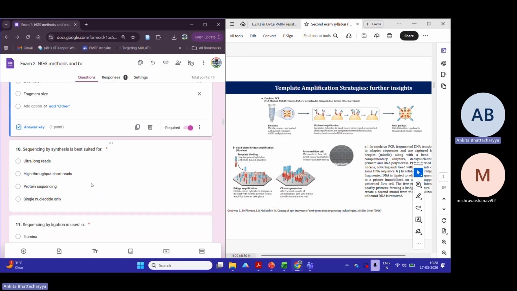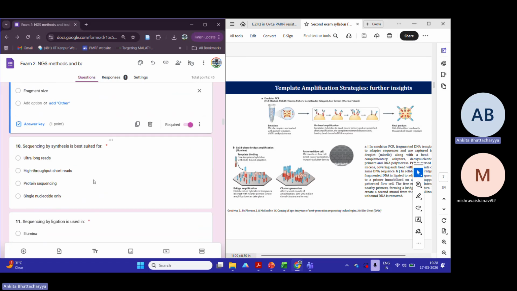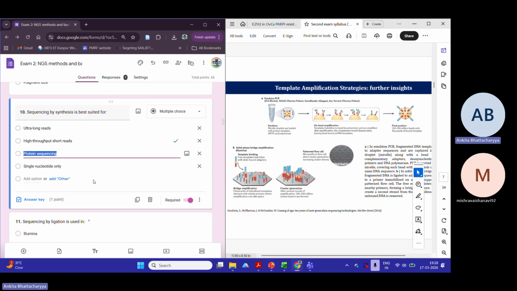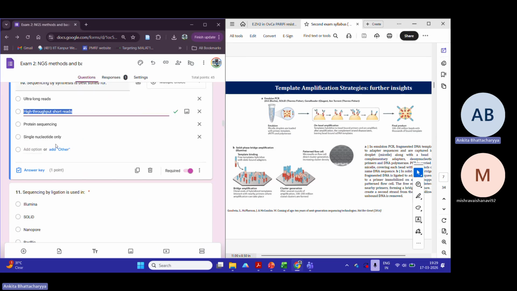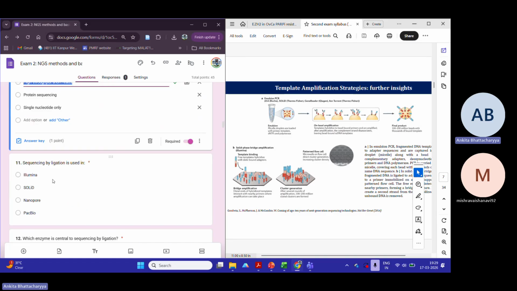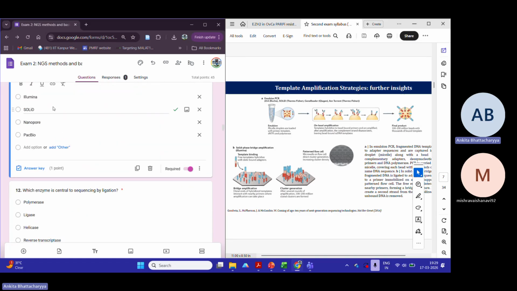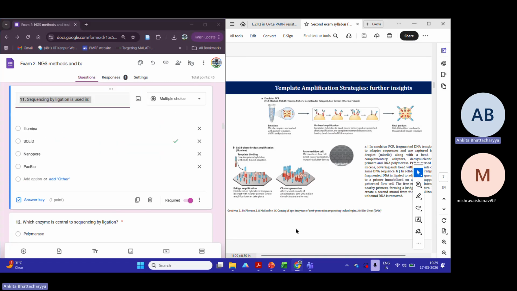Then comes sequencing by synthesis. What is it the most useful for? Again, high throughput short reads, which is what you saw in the previous question as well. The other options are obviously not going to be true. Then you have sequencing by ligation, which is used by which of the following platforms?